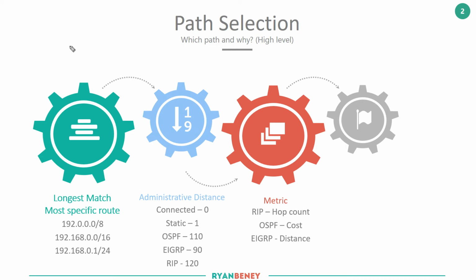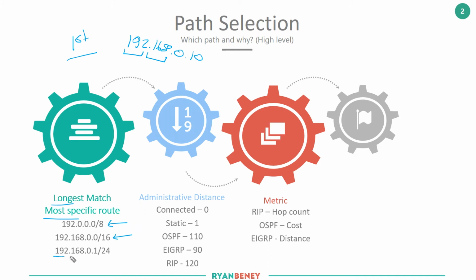So again, the first decision is regarding the longest match or most specific. If we were trying to get to 192.168.0.10, then it would look at our routing table, and let's say we have these 3 entries. First of all the /8 is valid because it matches, but it only matches on the first 8 bits. The /16, 192.168, also matches, but it matches on 16.